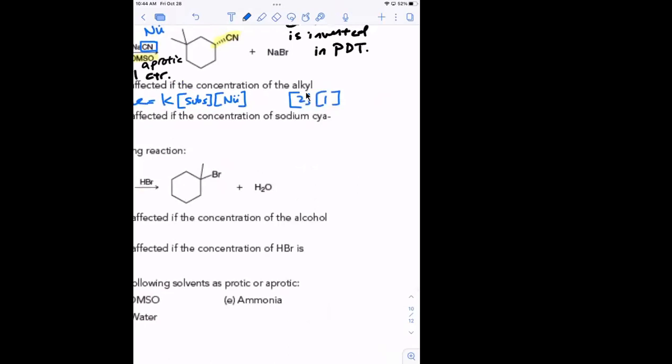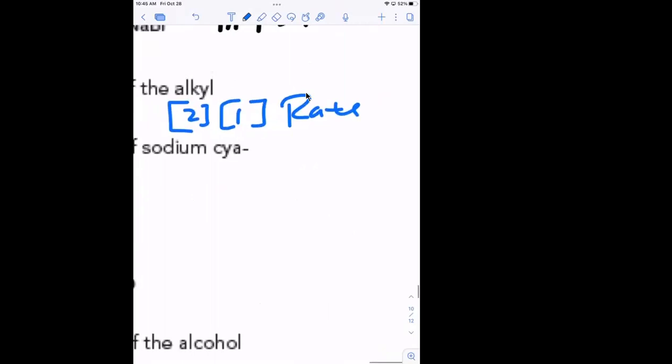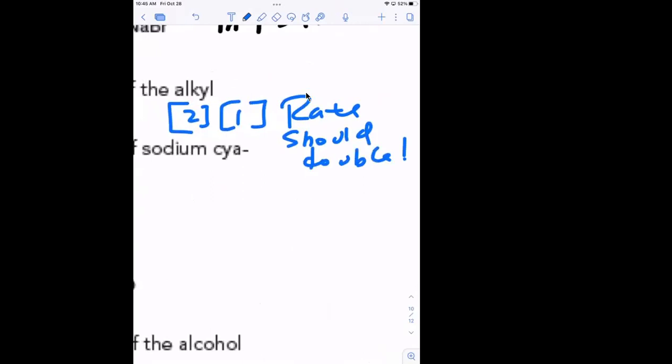What should happen to the rate? It should also double. Anytime you change either one of those, it's going to affect the rate because it's bimolecular.